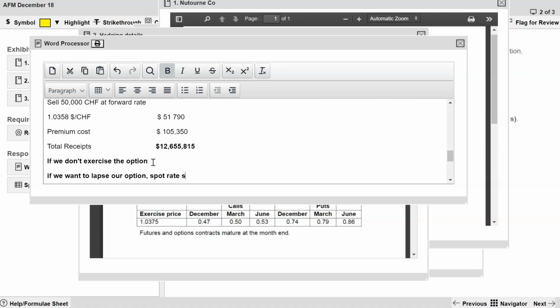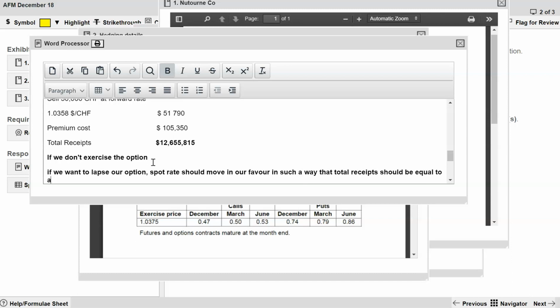Spot rate should move in our favor in such a way that total receipts should be equal to at least future contract receipts.